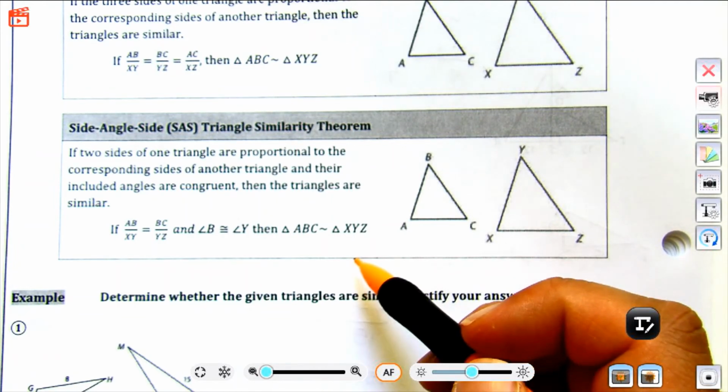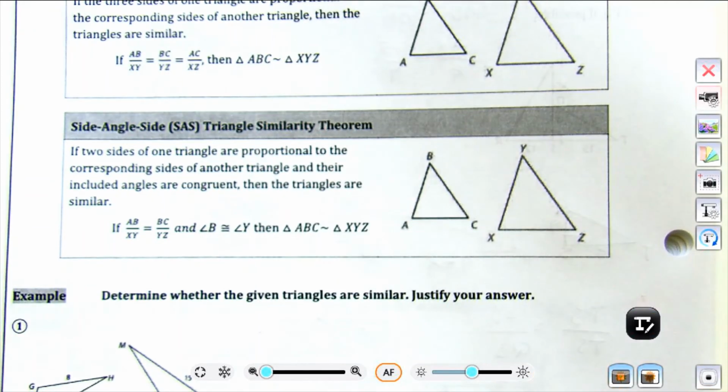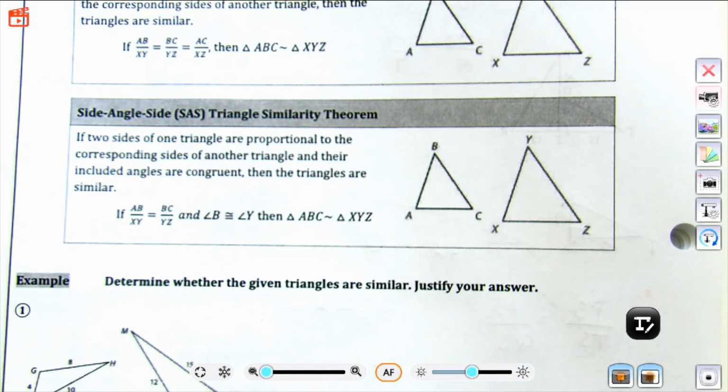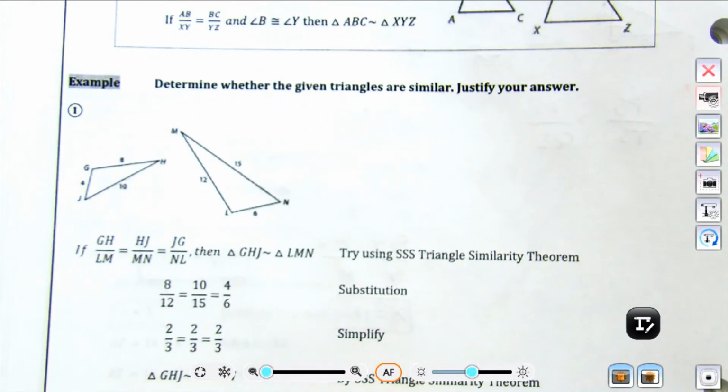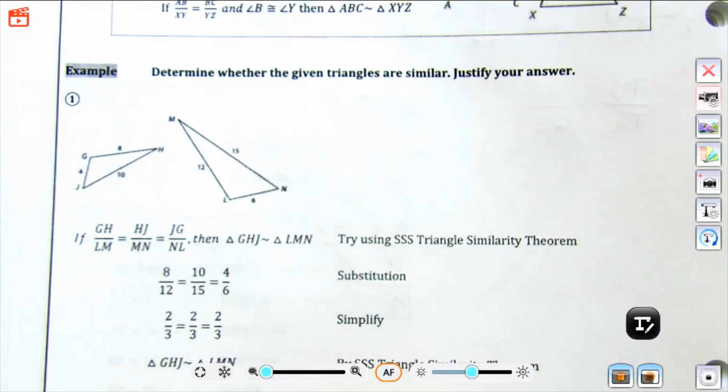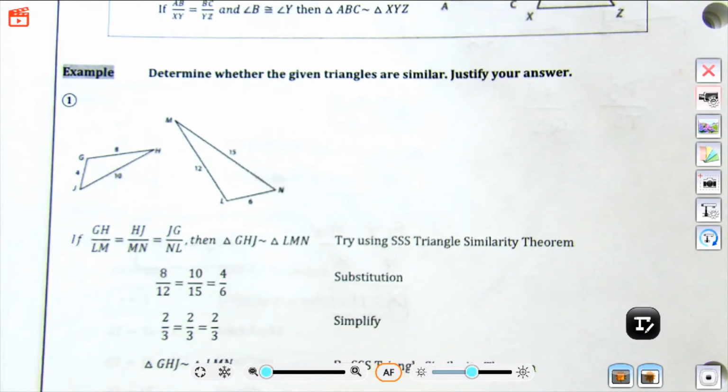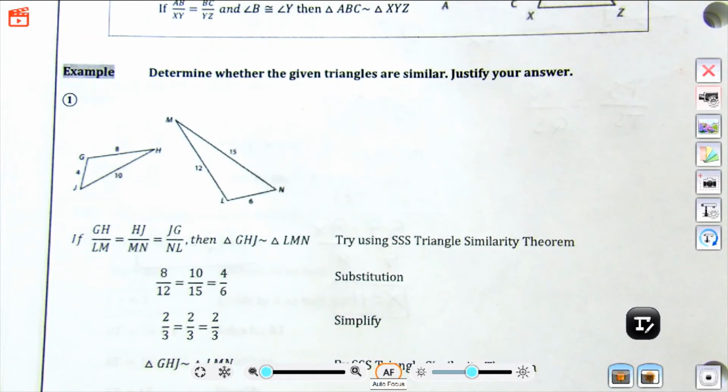Okay, so now in the first example, we're going to determine whether the given triangles are similar. So we're going to be given two triangles: triangle HJG and triangle LMN.